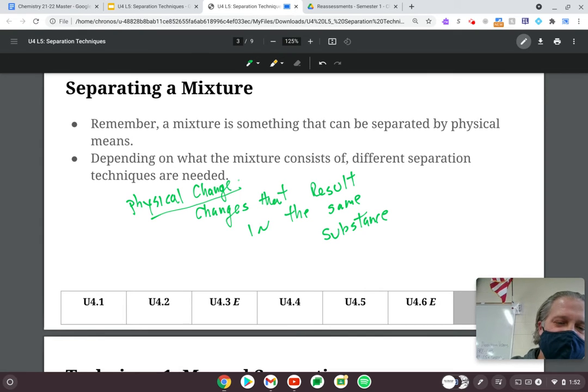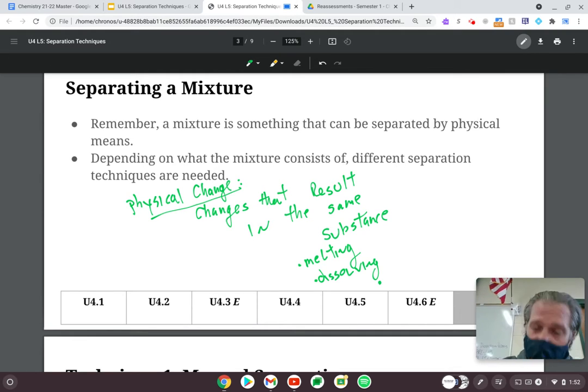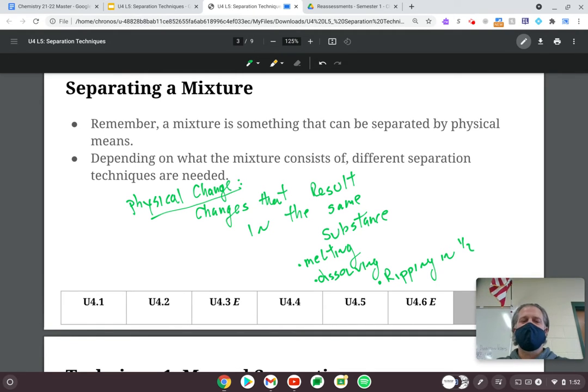Examples of physical changes would be things like melting, or dissolving, or, I don't know, ripping in half. Those are all examples of potential physical changes. And we are going to use the physical properties of substances to separate them in the lab. We'll talk about different ways that we can do that.